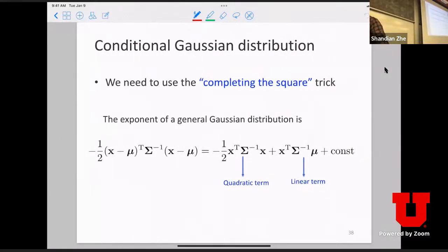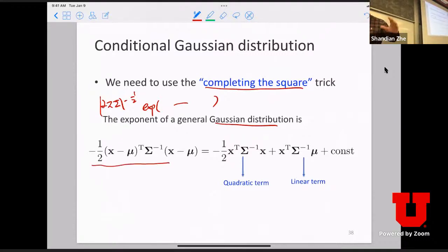Here we're going to talk about a very useful trick called the completing the square trick, very useful to deal with Gaussian-like distributions. Our key observation is that for any Gaussian distribution, the density is always a normalization factor times an exponential, and the exponent in this exponential is always a quadratic term.